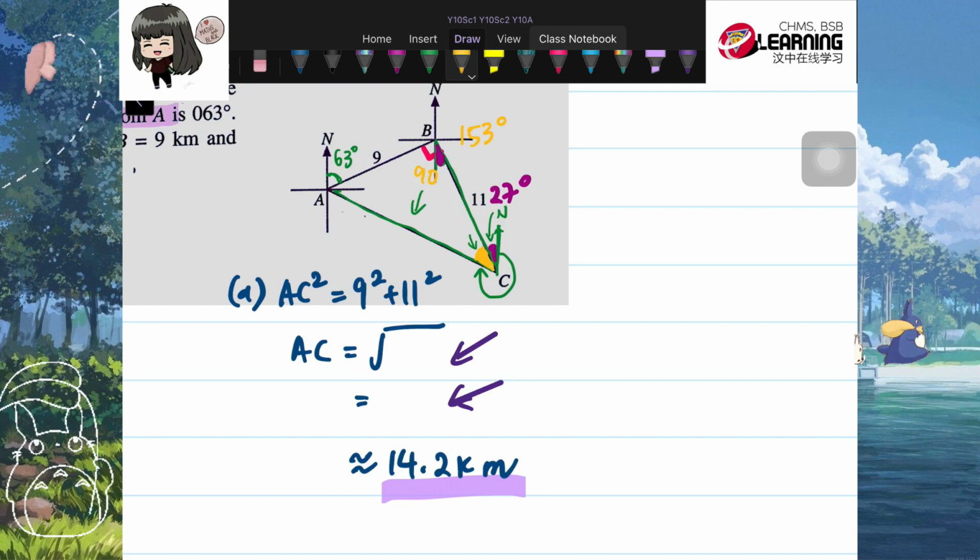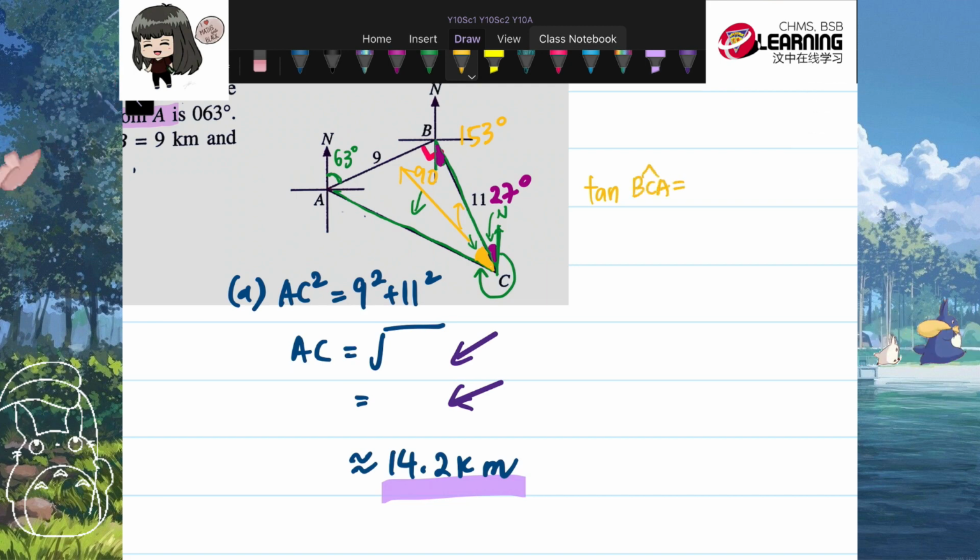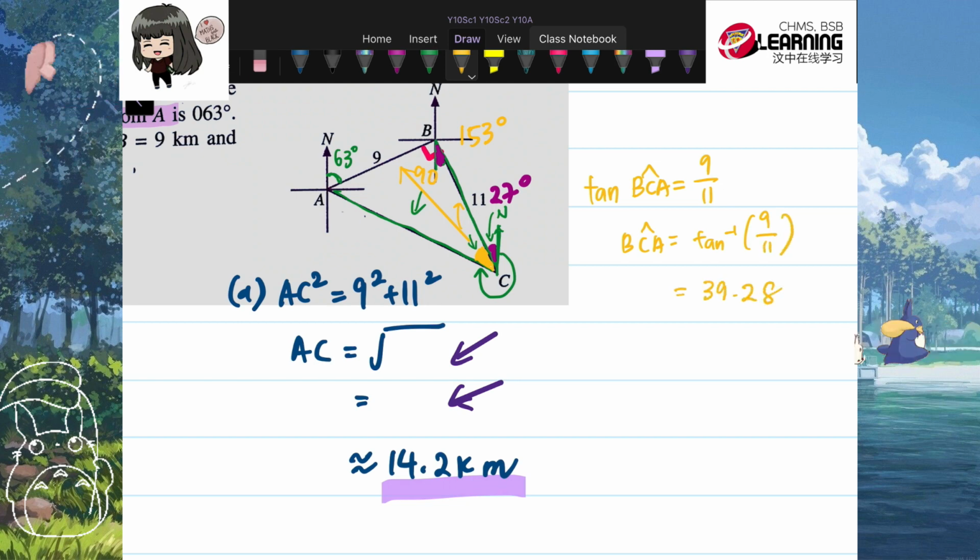For the yellow angle we're going to find here, we can use tan, SOHCAHTOA, because opposite we have 9 and adjacent we have 11. So tan of angle BCA equals opposite 9 over 11. So angle BCA is shift tan 9 over 11, and you will get 39.289 degrees.